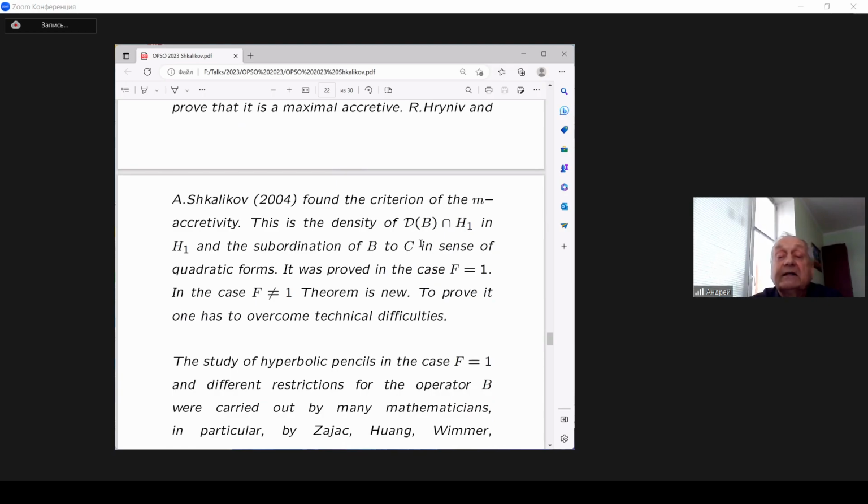This is the density of the domain of B intersection with H1 in H1, and the subordination of B to C in the sense of quadratic forms.